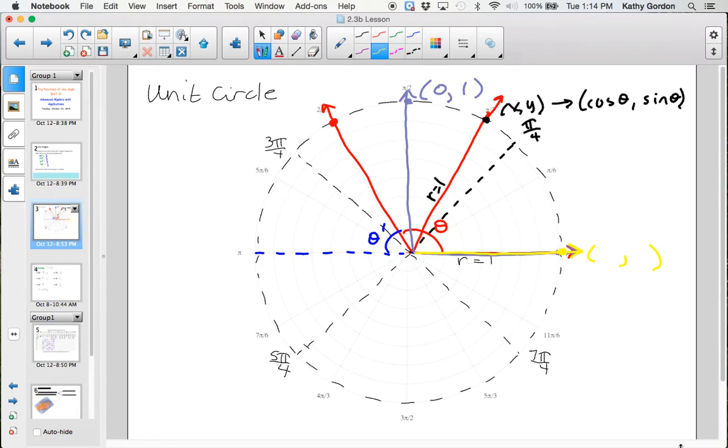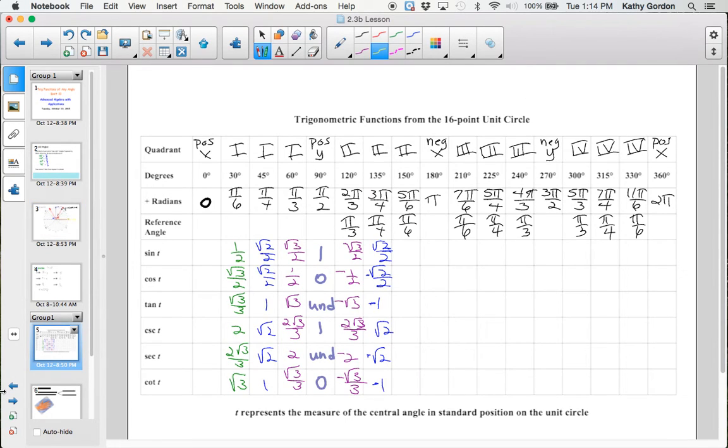Yeah. Because now I've gone to the right 1, but I haven't gone up or down at all. So if we come back to our table for 0, the sine would have to be what? 0. The cosine would be 1, and the tangent would be 0. Yeah. Because this time y over x would be 0 over 1. That's doable. That's just a 0.